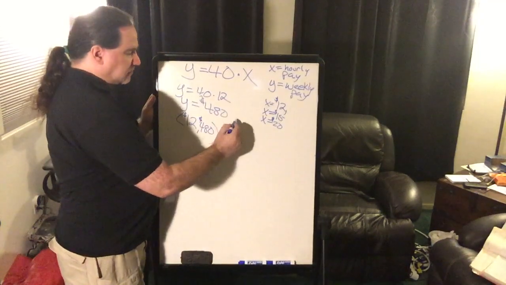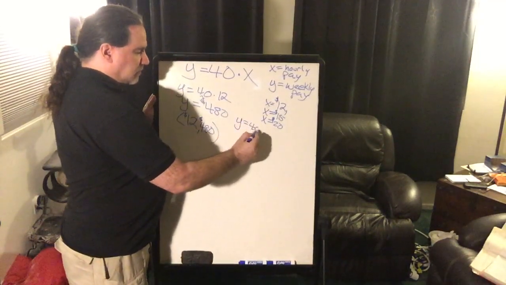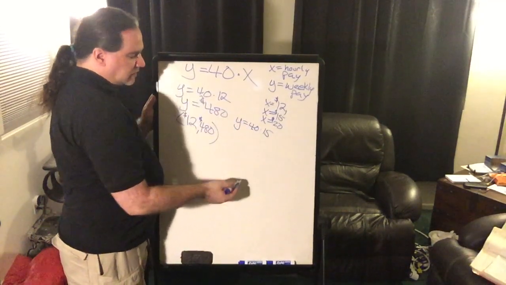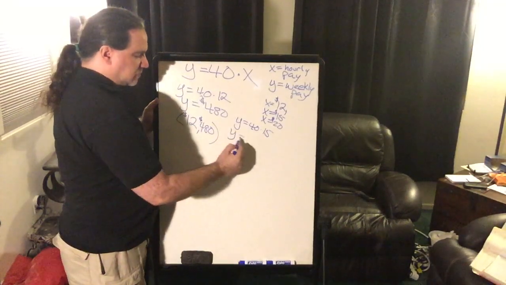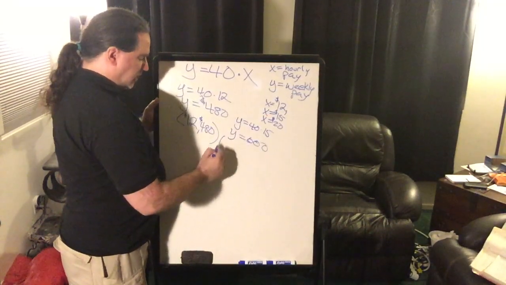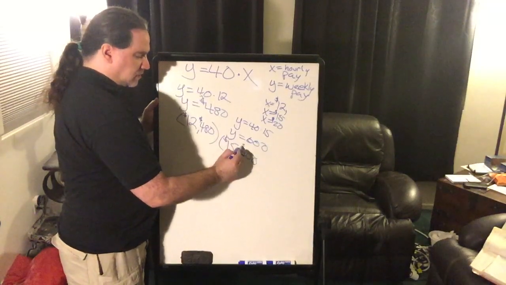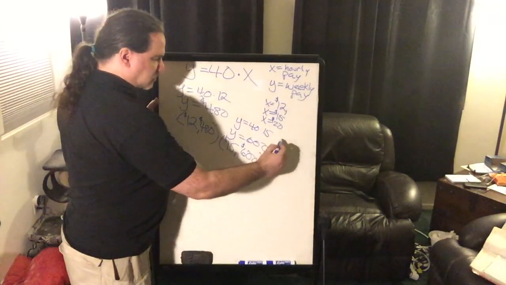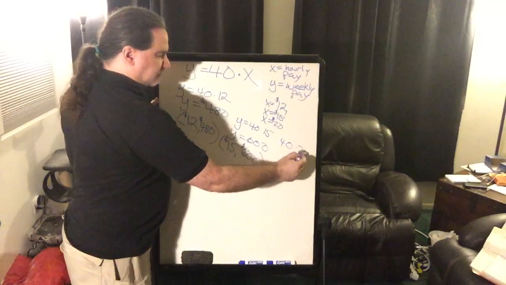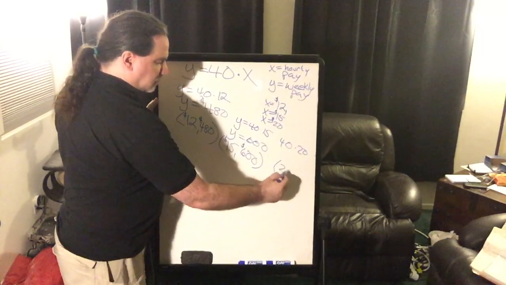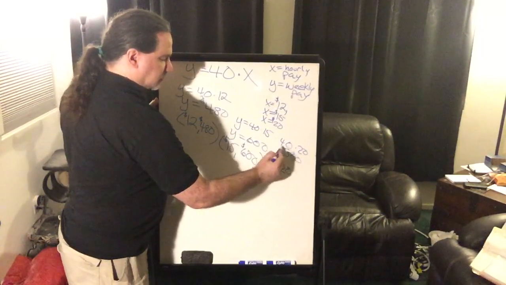Then we do it again. What if it's 15? That's $600. So $15 an hour would be $600 a week. And the last one was $20 an hour, and that would be $800.